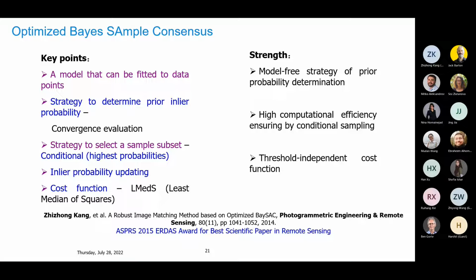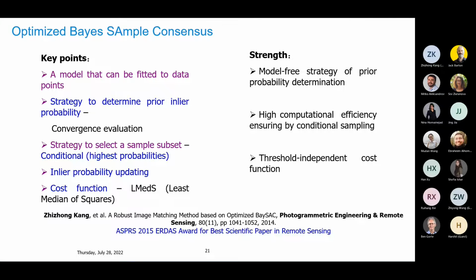We also use the least median of squares to construct the cost function. In this way, we can realize a model-free strategy for the probability determination, improve the computational efficiency to a high degree, and realize a threshold-independent cost function.